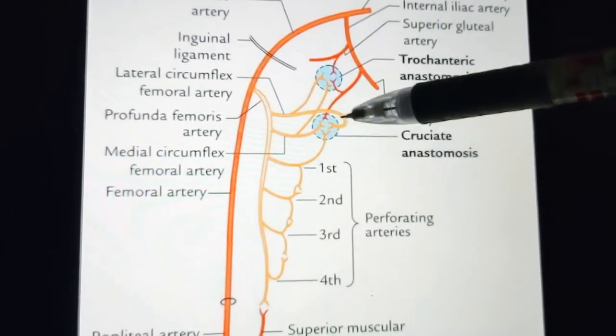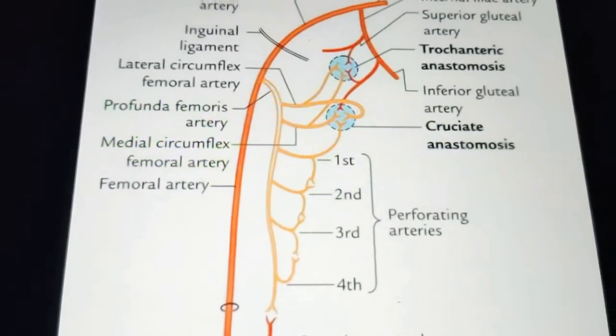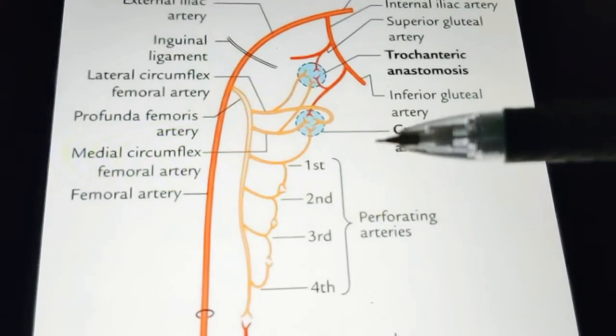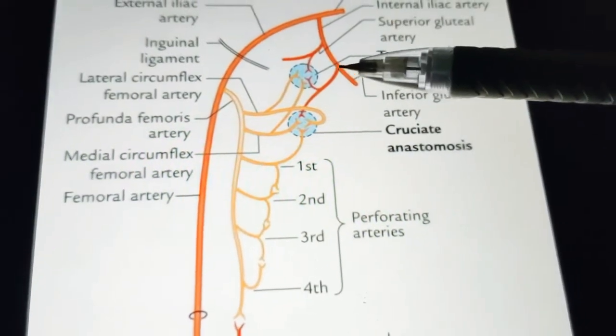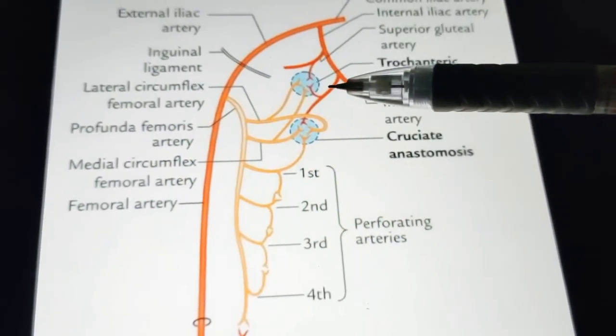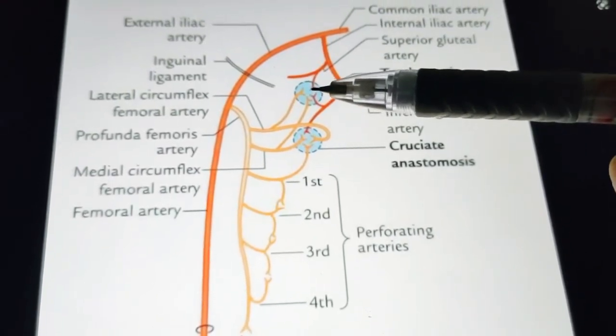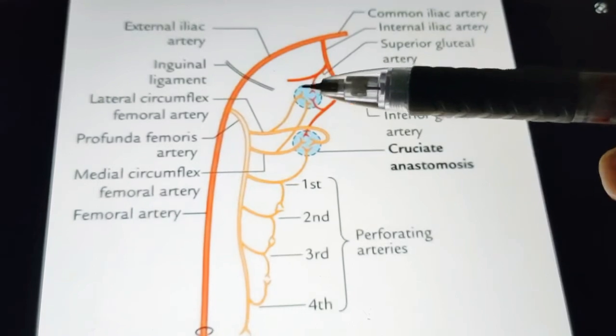So this is the anastomosis. Okay, so once again, let us recall what is present in the trochanteric anastomosis and the cruciate anastomosis. In the trochanteric anastomosis, there are both superior and inferior gluteal arteries, and both the lateral and medial circumflex femoral arteries.